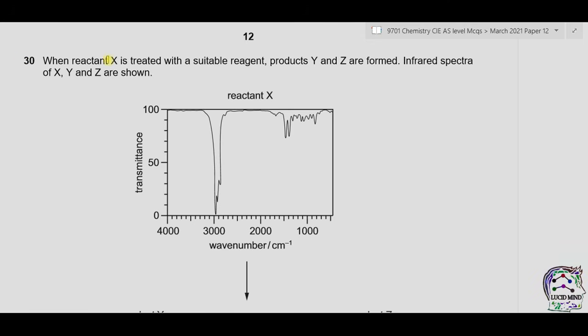Question 30. When reactant X is treated with suitable reagent, products Y and Z are formed. Infrared spectra of X, Y and Z are shown. This is reactant X. From the given spectra, we can assume that the carbonyl peak is absent, that was between 1670 to 1730, strong and sharp peak.